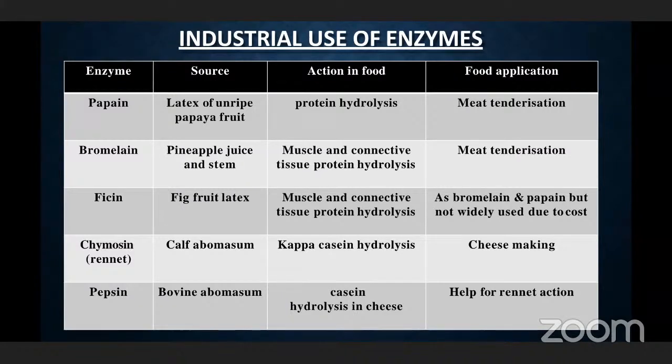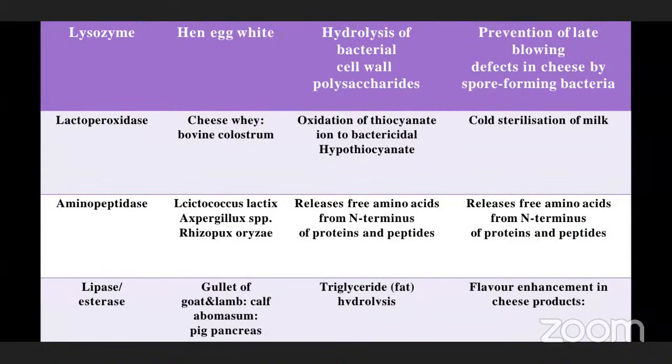Then pepsin. This is isolated from bovine abomasum. So this is again involved in casein hydrolysis in cheese. So this also can be used along with the rennet in the industry. The next is lysozyme, which is from hen egg white.